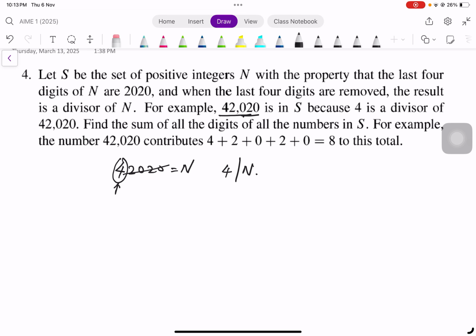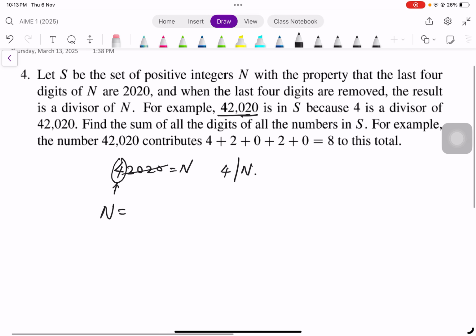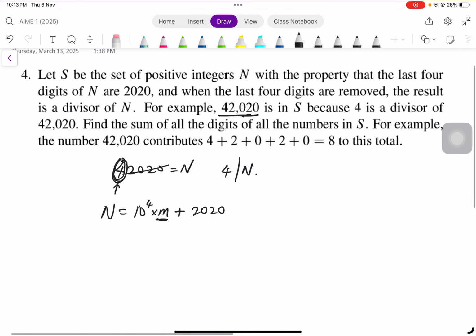Therefore, in general, we look at the general n, which can be expressed as 10 to the power of 4 multiplied by m, plus 2020. According to this question, after removing the last four digits, this m is a divisor of n.